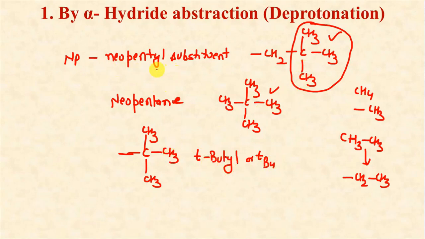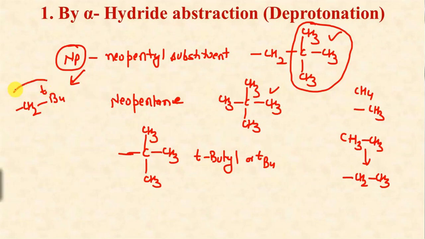So the neopentyl substituent can also be shown in the form CH2 tertiary butyl. There are different ways of representing this neopentyl substituent, or it can act as a ligand in the case of a transition metal. Mainly we will use NP, or we will write it as CH2 tertiary butyl.